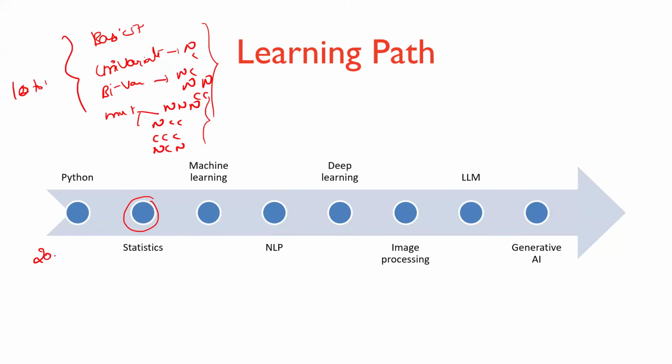So roughly 10 classes, machine learning 30 classes, NLP 20 classes, deep learning 30 classes, image processing 15, LLM 25 classes, generative AI and all the applications another 25 classes. These are rough numbers.